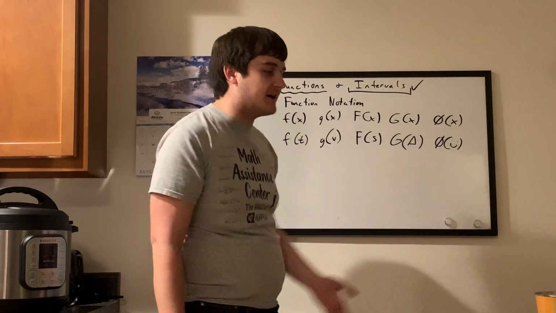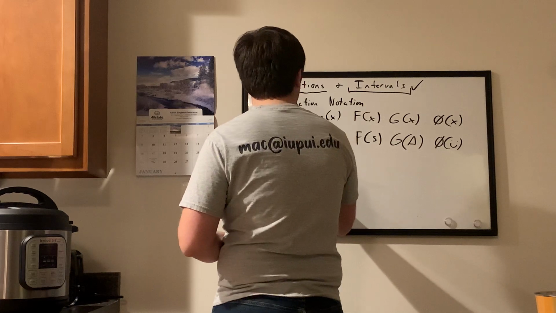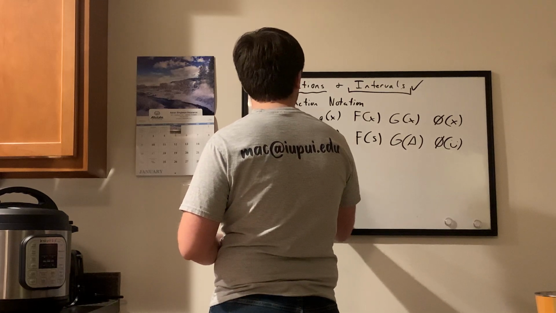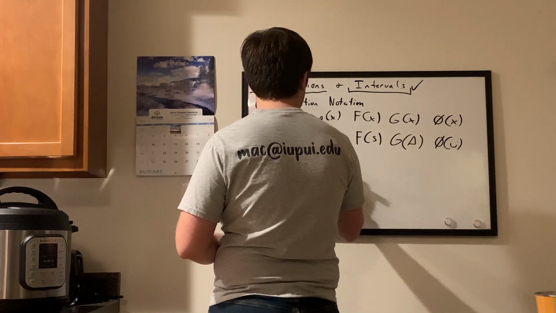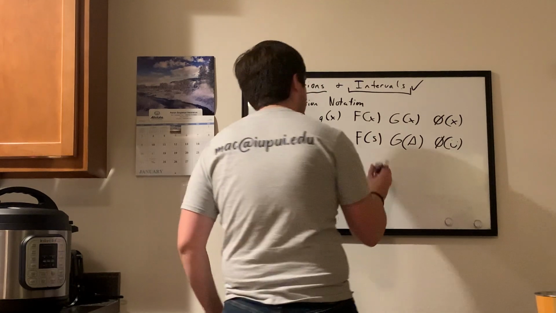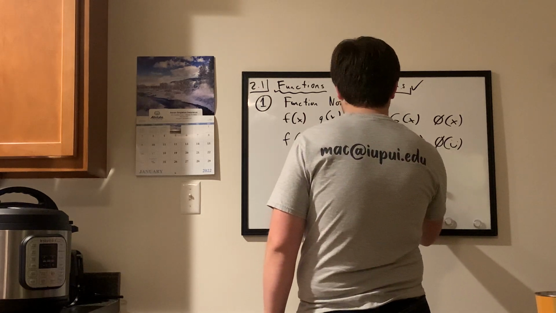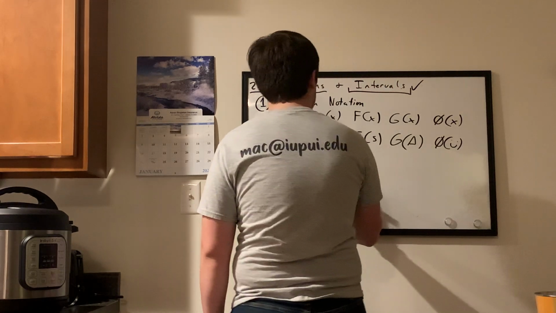So, the question I have for you, and actually a similar question the book poses: what is the difference between this function and this function?